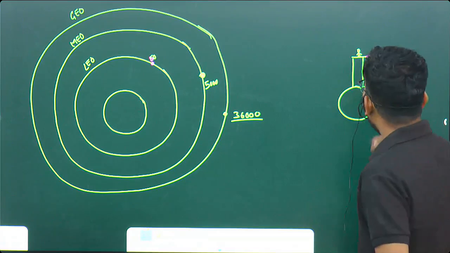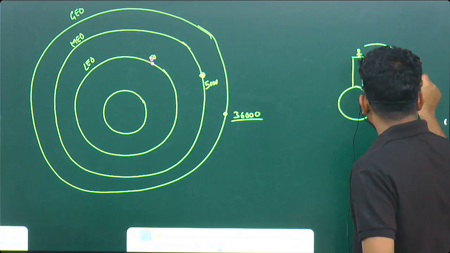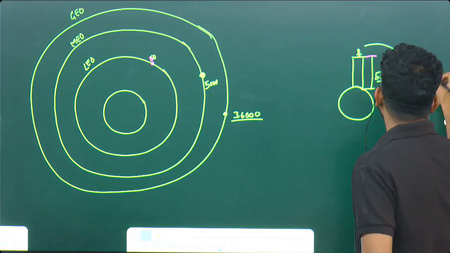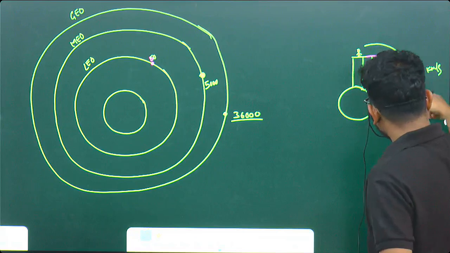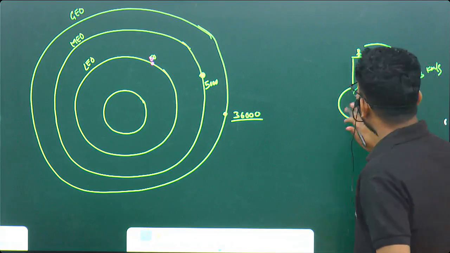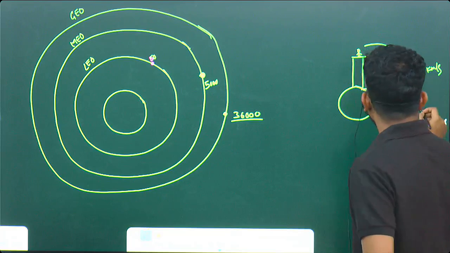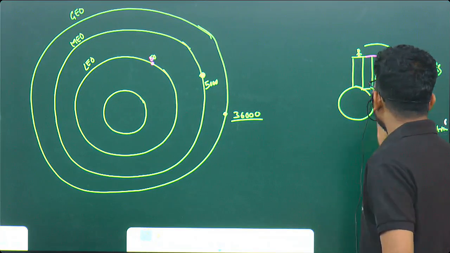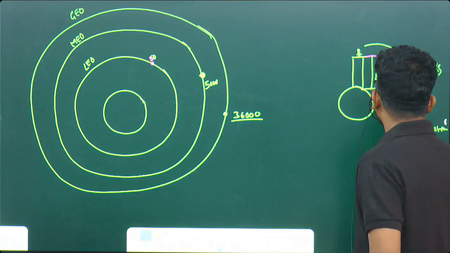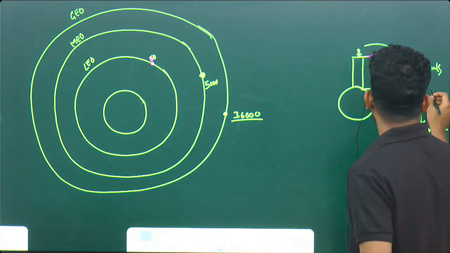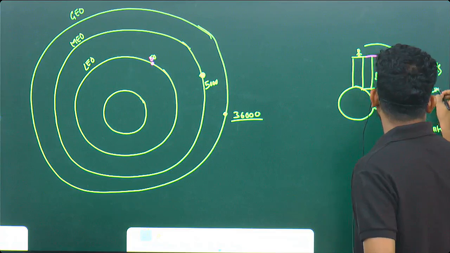On top of that I'm standing with a stone. I throw the stone with a speed of around 3 kilometers per second. Then it will travel some distance and fall down on the Earth. Here you have inertia and here you have gravity. Now I increase the speed to around 6 kilometers per second.